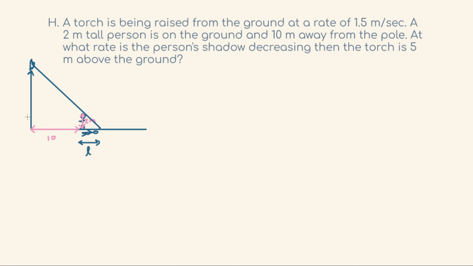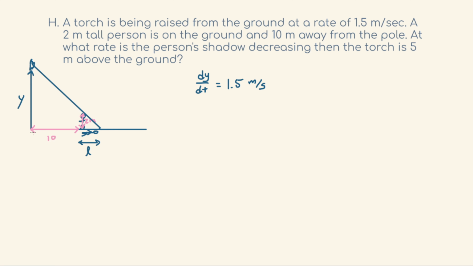And the height at which this torch has been raised, let's call that y. And we know y is going to be changing, right? It's being raised at a rate of 1.5 meters per second. So this height is increasing, so dy over dt is equal to positive 1.5 meters per second.